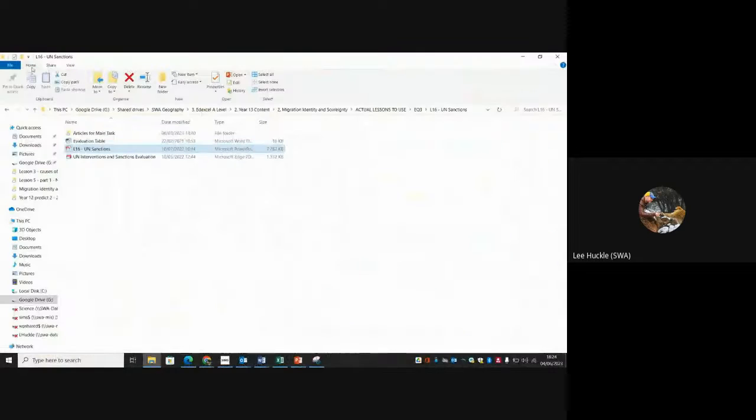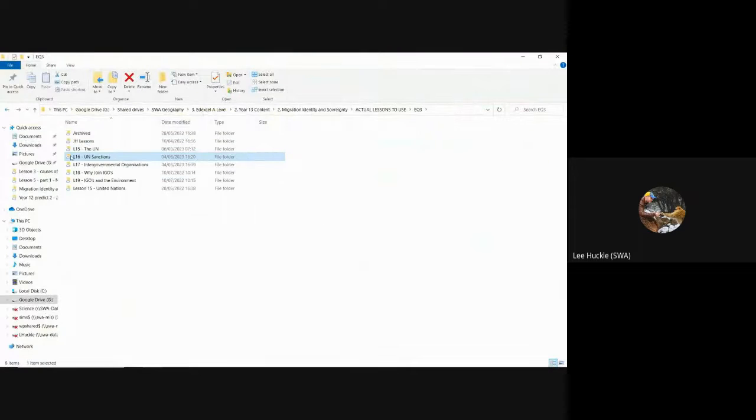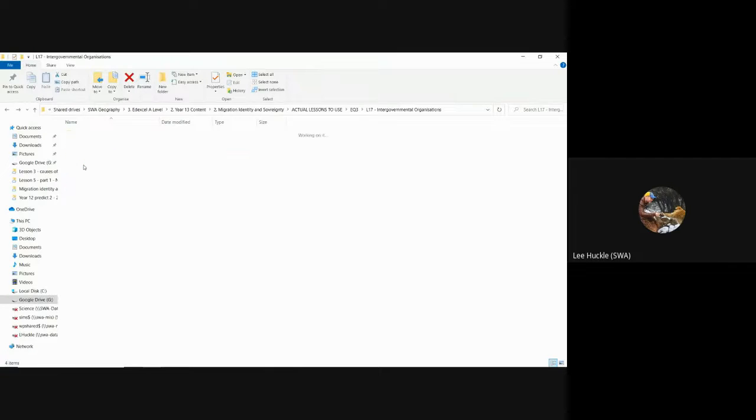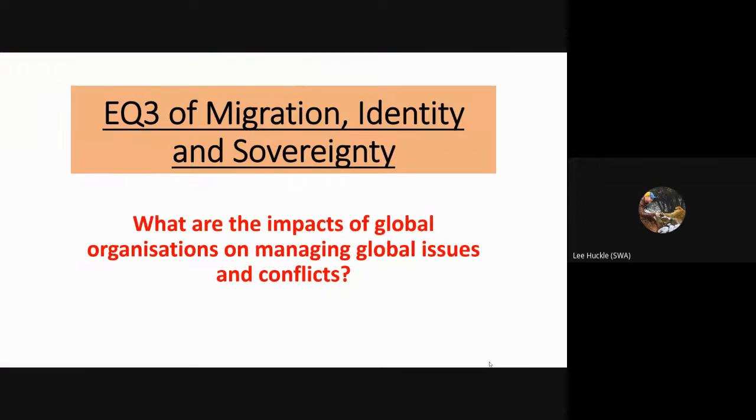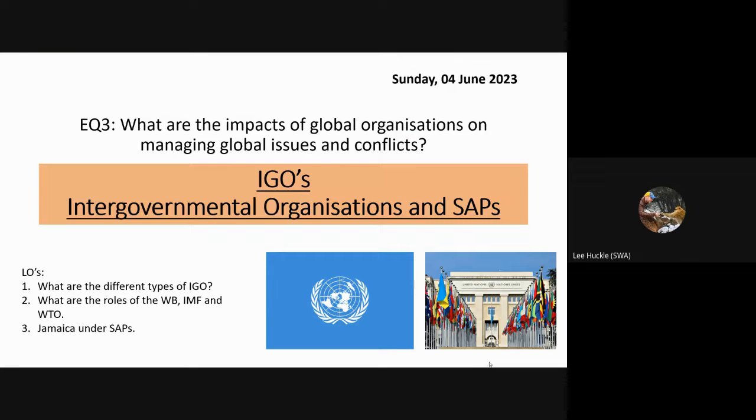Okay, so that rounded off the second lesson of EQ3, which led very nicely on to lesson 17, looking at intergovernmental organisations, again following the same theme. In particular here, we looked at intergovernmental organisations, IGOs, and SAPs, structural adjustment programs.